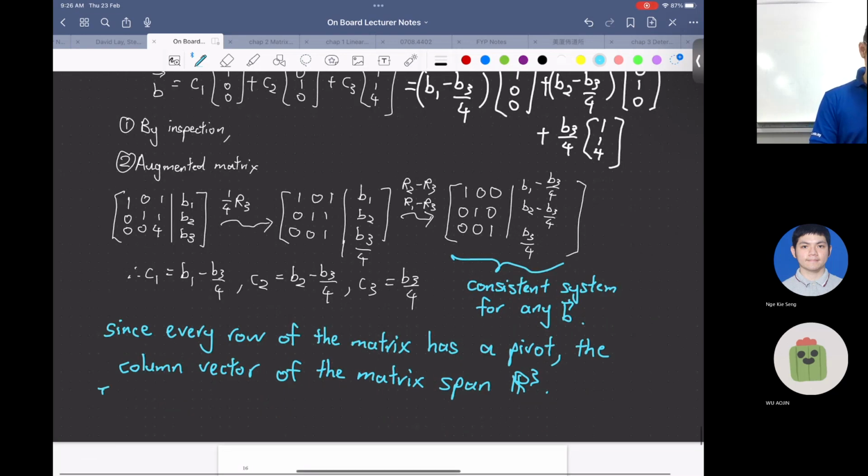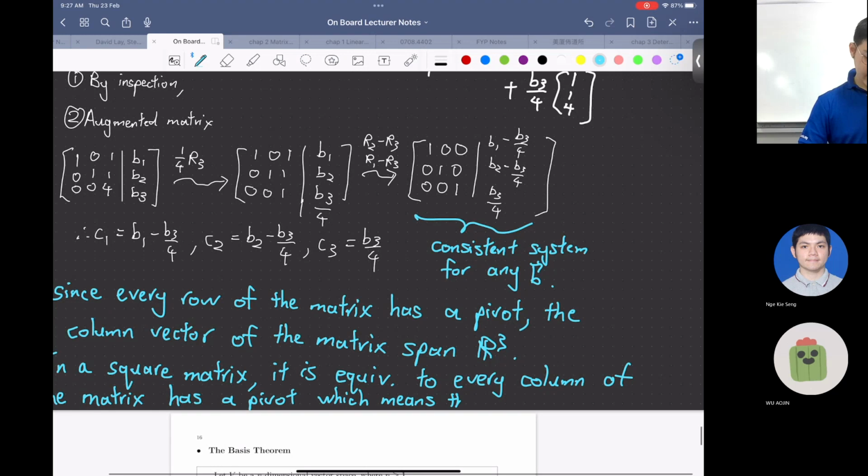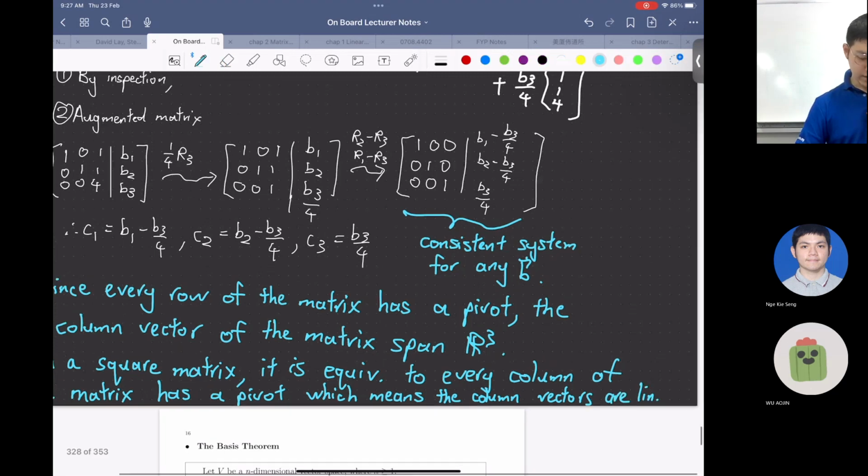Okay, and then in a square matrix, it is equivalent to every column of the matrix having a pivot, which means the column vectors are linearly independent.